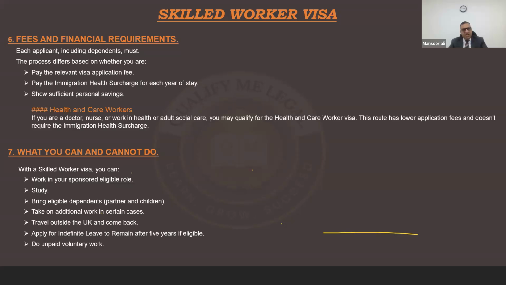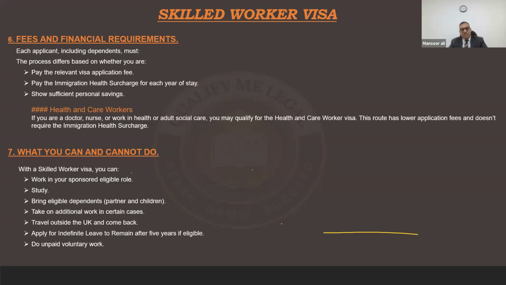So now, what you can and can't do. You can work with your sponsor. However, a number of people ask if they can work outside of their employer. Yes, you can work outside your employer, but that work should be compatible with the job description or the code of your own job.